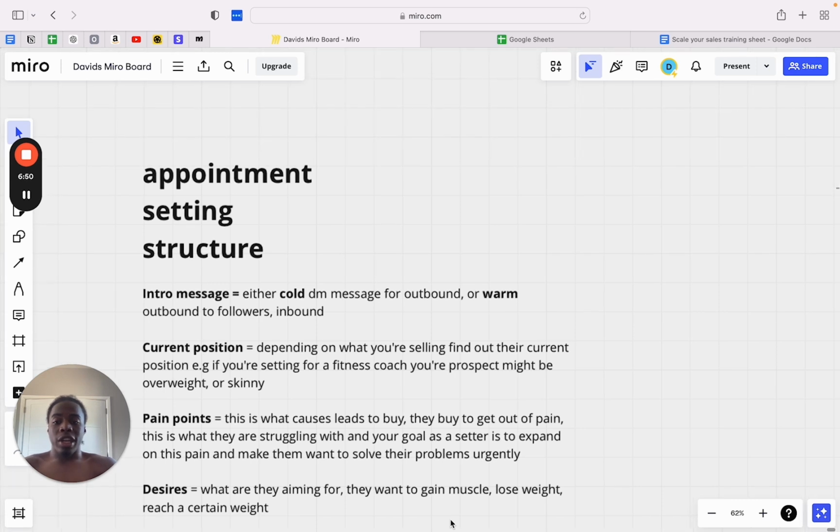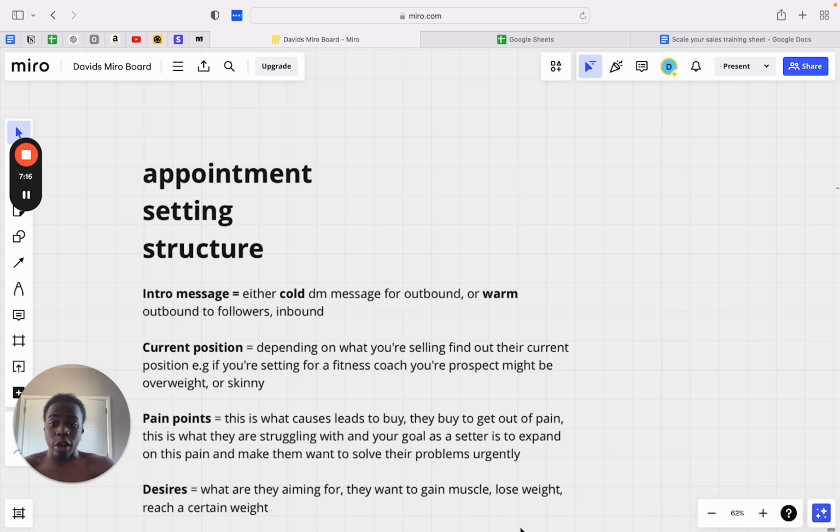So desires and pain points work hand in hand, because normally your prospect's pain points are what they're desiring to solve, if that makes sense. So say if your prospect's pain point was that they're really overweight, and they're struggling with losing weight, they're struggling to stick to a diet, or they're struggling to gain muscle, whatever. Their desire is going to be to gain muscle.